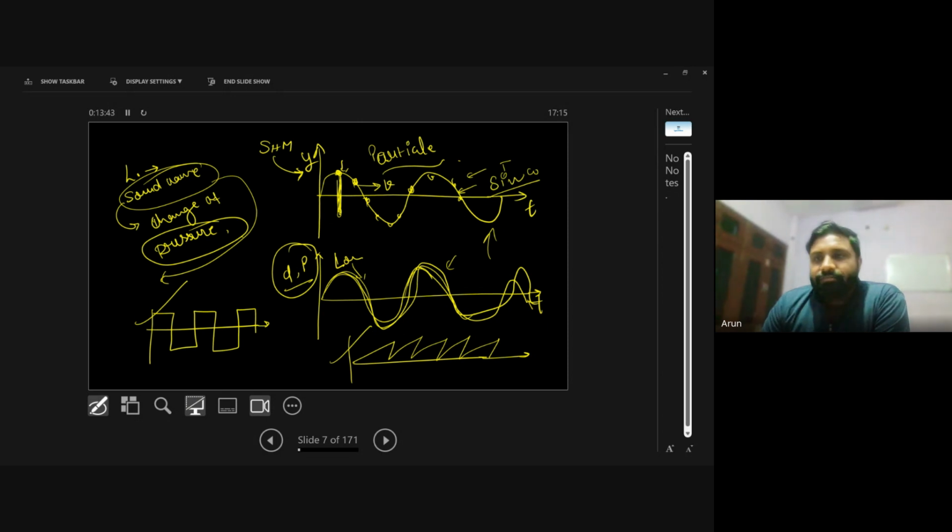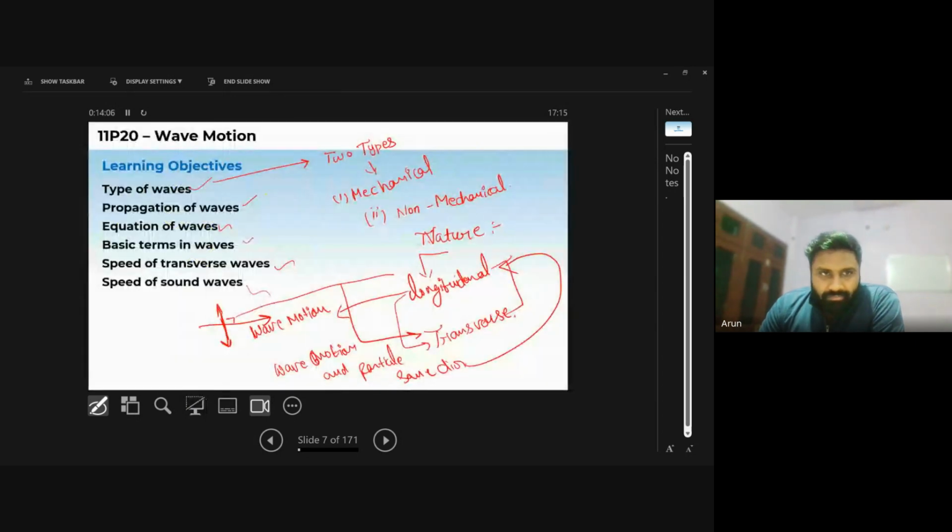So it is easier for us to deal with a transverse wave rather than a longitudinal wave, because it is hard to imagine a longitudinal wave. You have not seen it practically. So that is the myth I want to remove from your mind. I think I have done it, but let's see what happens.